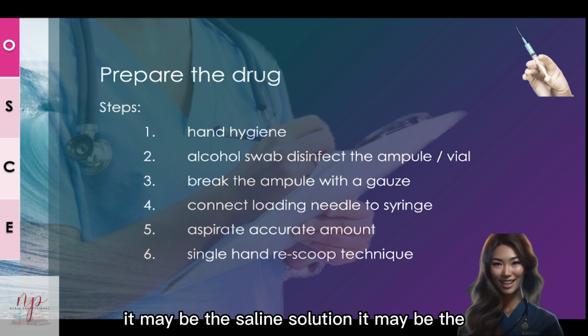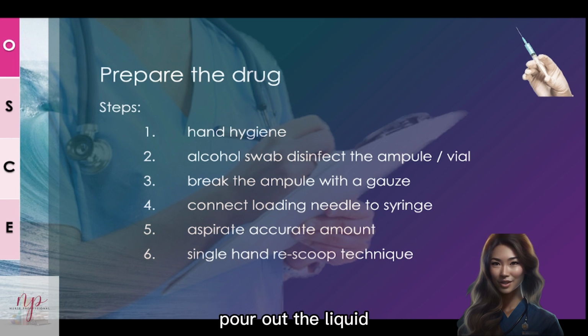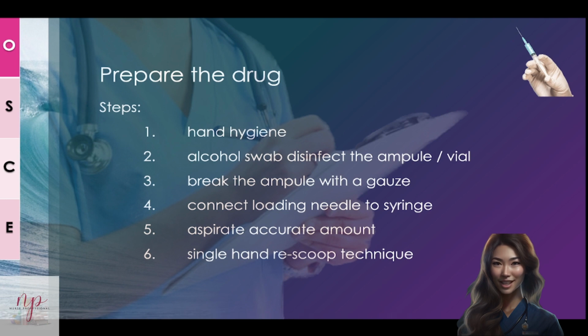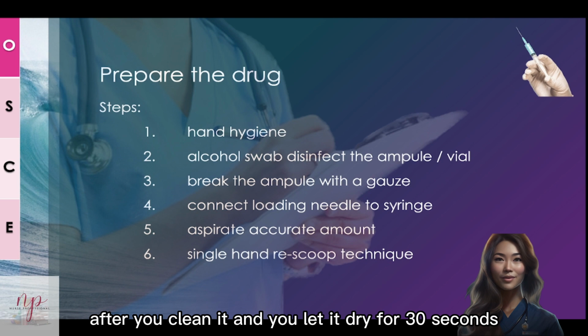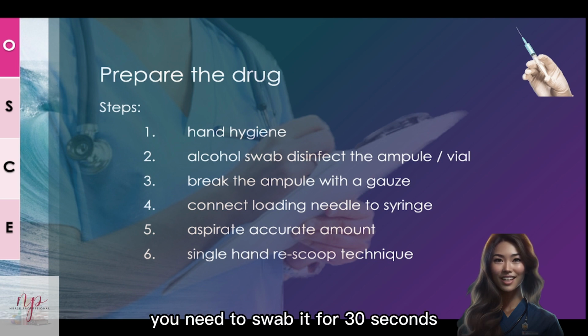It may be the saline solution, it may be the ampoule or vial, everything. When you're going to pull out the liquid, you need to clean the superficial area first. After you clean it, you swab it for 30 seconds and then you let it dry for 30 seconds.